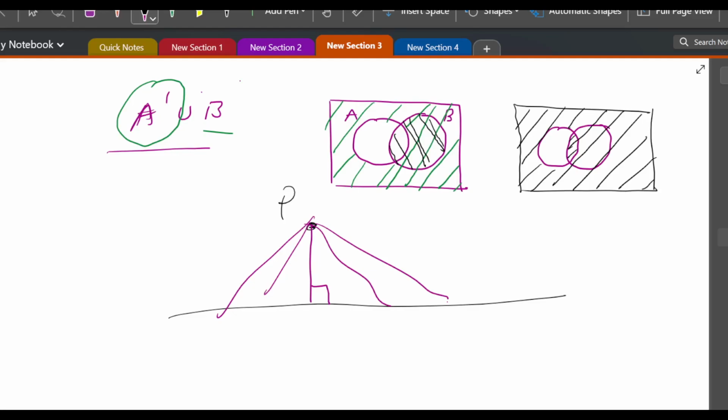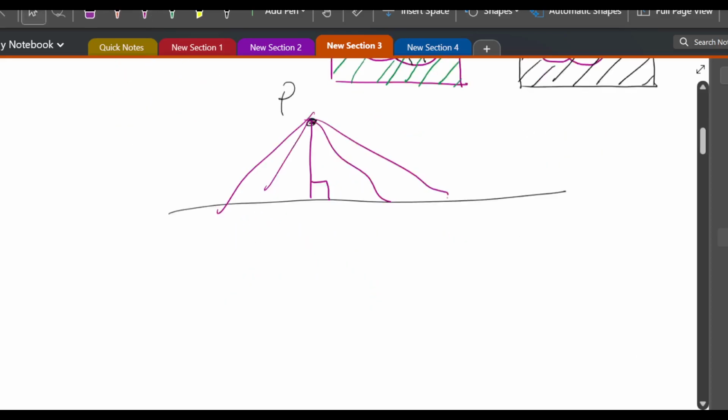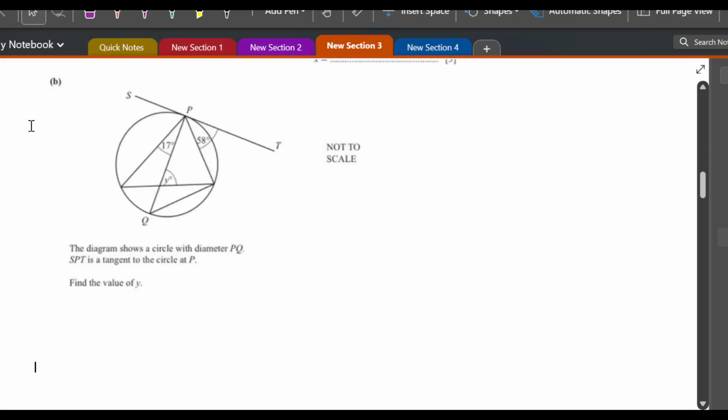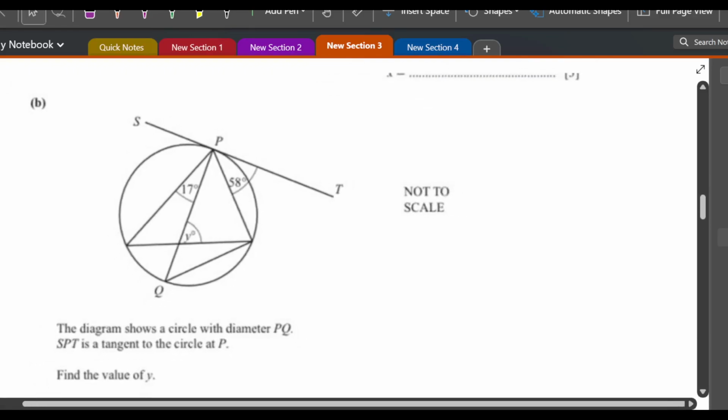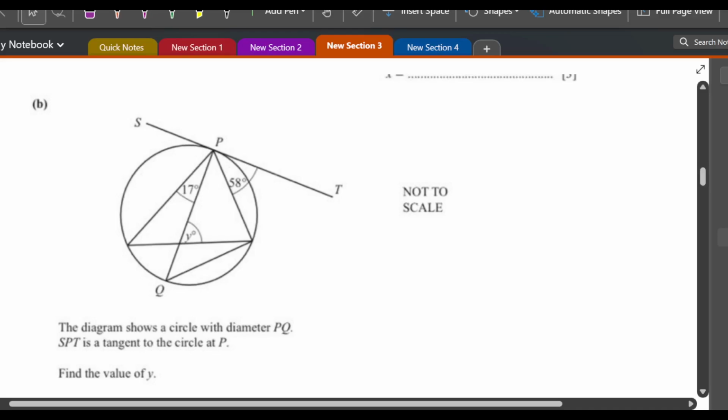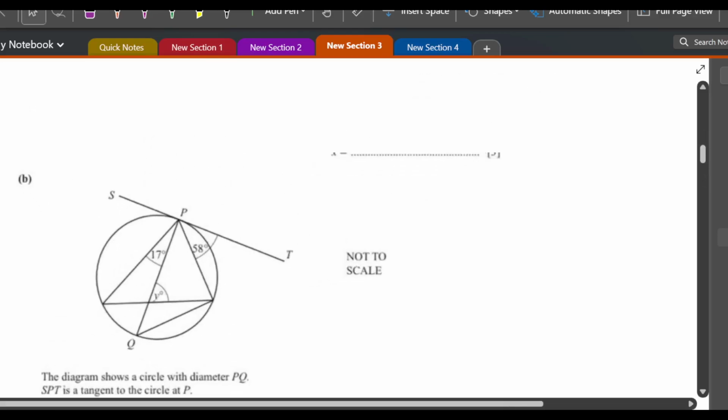Now here only the B part is a doubt. Only this B part.